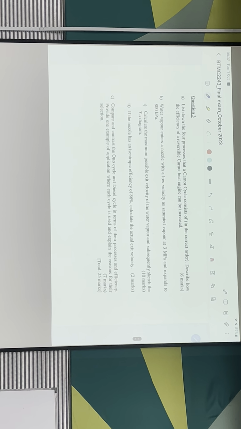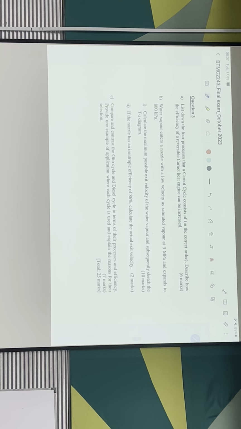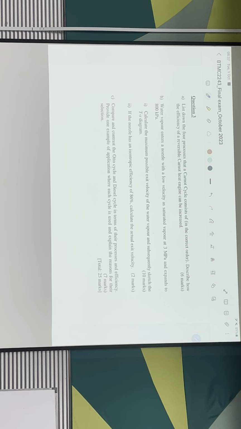Compressor. The first 3 words are correct, but not the compressor.